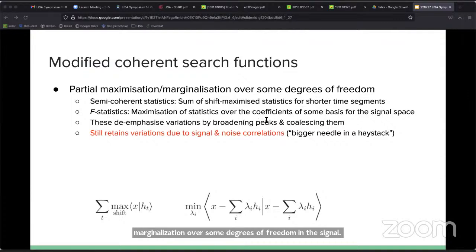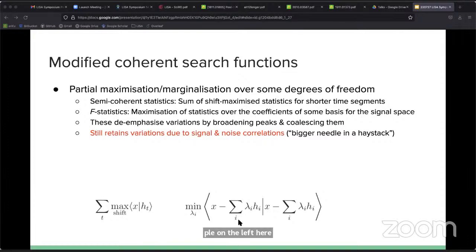Examples of these sorts of approaches include semi-coherent statistics, where the data and the templates are partitioned into shorter time segments, and then the data-template cross-correlation is maximized over time or phase shifts for each segment before they are resummed over all segments. So that's this example on the left here.